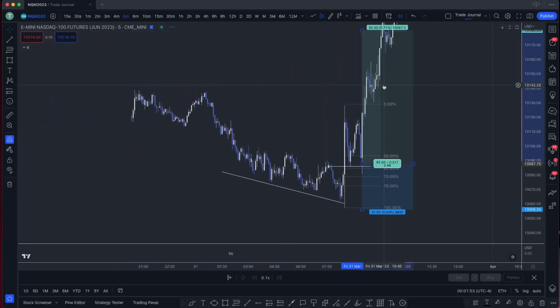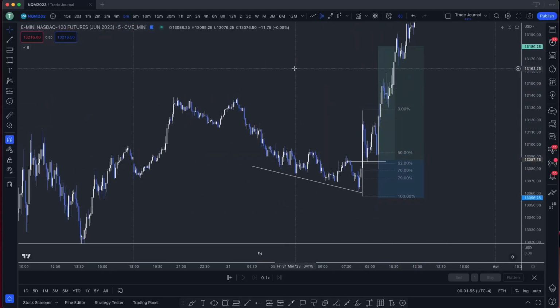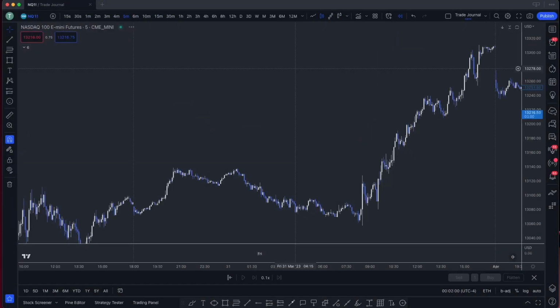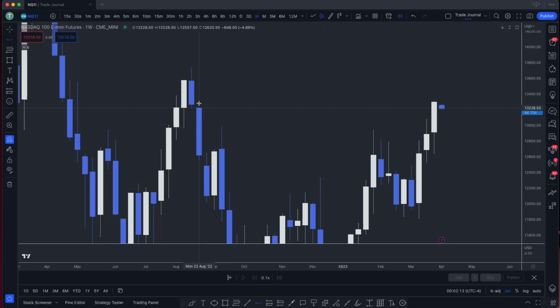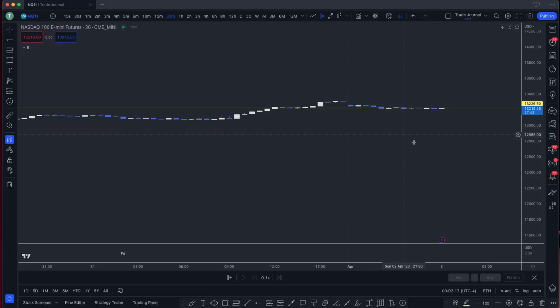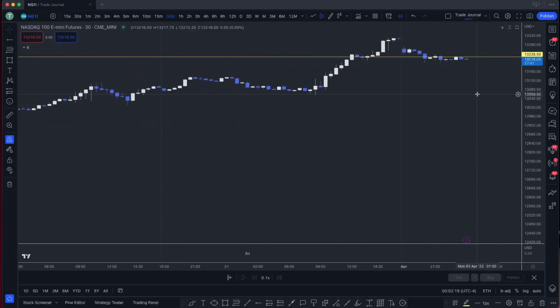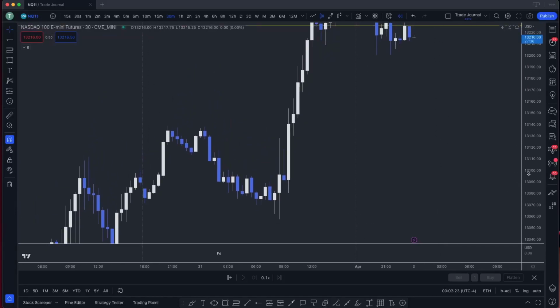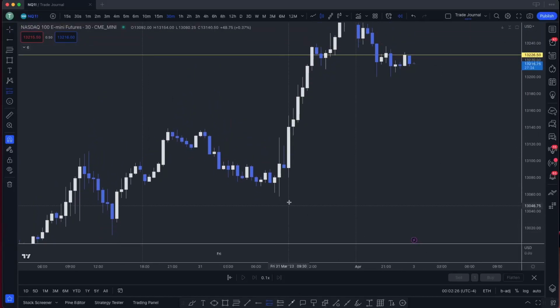And my target was basically, actually I think I have to go to the continuous contract. It was this high. 13.2. So my target, I think it was like 4 to 1 or something like that. What was it? So it was like something like this.